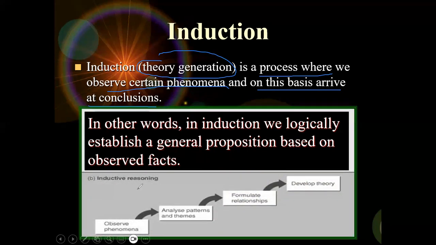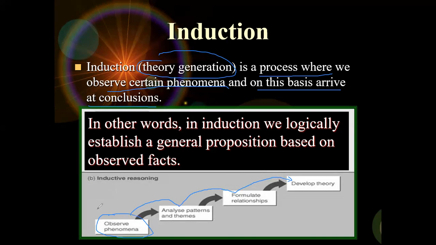For example, we observe a specific phenomenon at a specific location, and then we observe certain patterns and themes. And after analyzing these patterns and themes, we formulate some relationship, and we give a name to that relationship, and that name becomes a theory. And that generalized relationship is further tested in the deduction process.